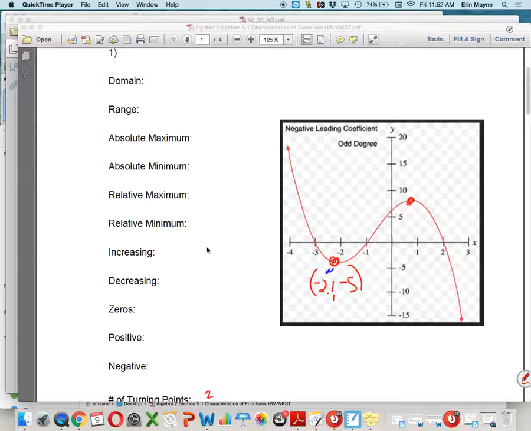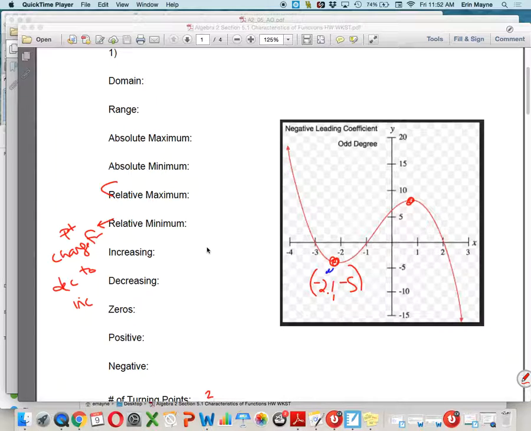So, to be clear, by definition, let's add this off to the side. A relative minimum is a point where there is a change from what to what? Decreasing. Good. Decreasing to increasing.